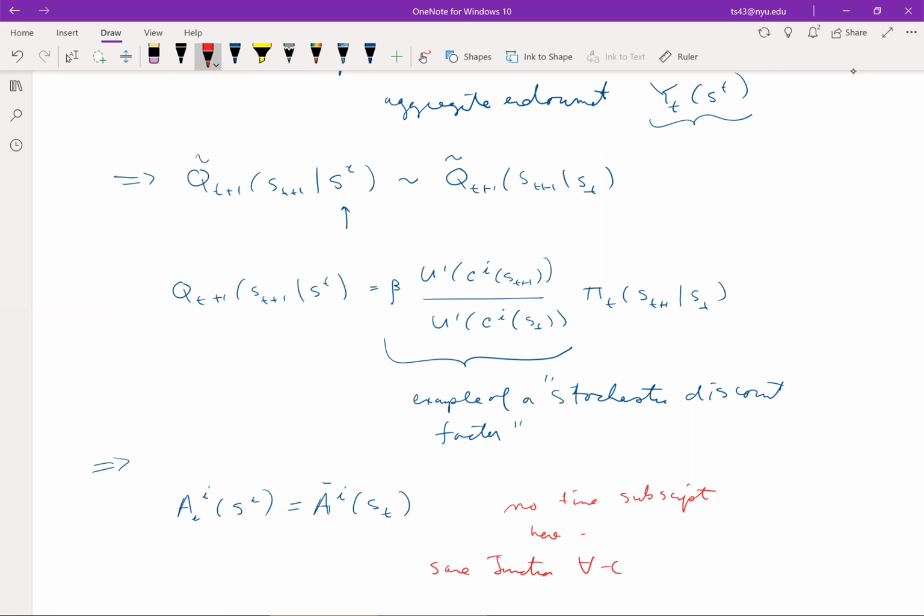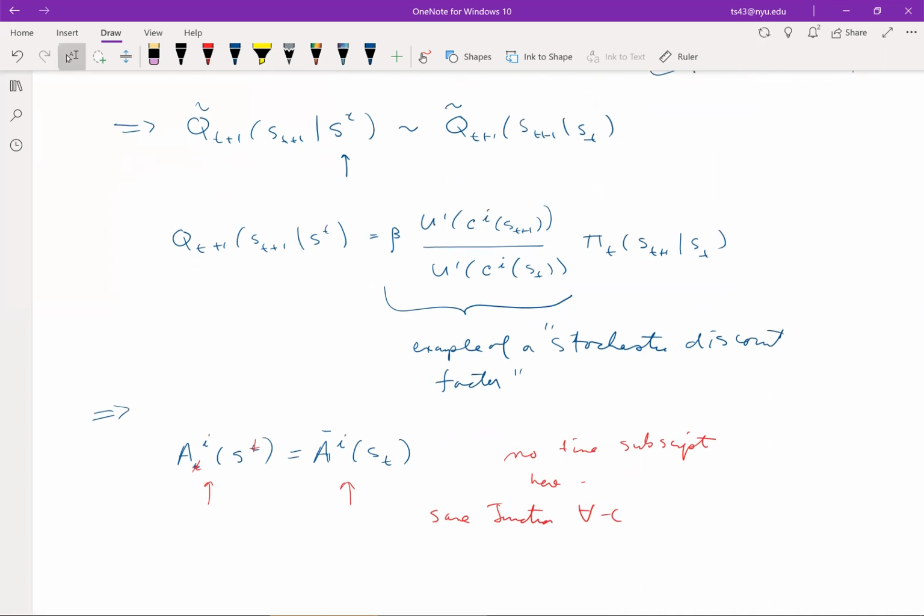What we did have before in a general context, we had a different function because we had to keep track of histories for all t, but now we just have a single function for the Markov state. That is a huge simplification. So these are the debt limits.